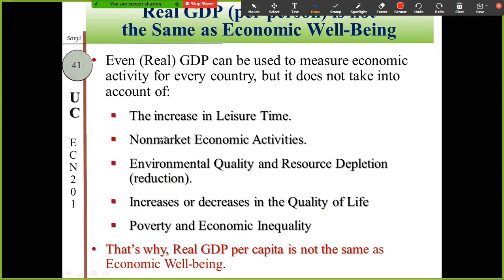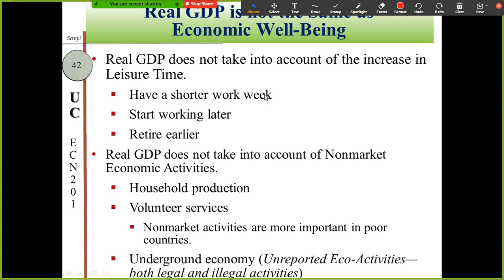So we look at them one by one. Real GDP per capita does not take into account an increase in leisure time. For example, whether people in this country have shorter work time per week or not.